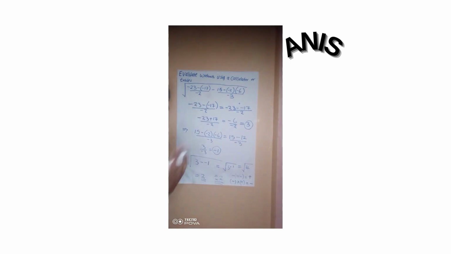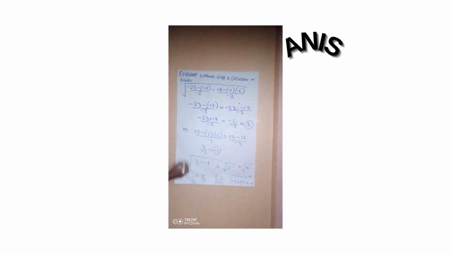Then another thing that you need to bear in mind is that whenever you divide a negative number by a negative number, you get a positive number. Again, if you have a negative number, we divide by a positive number, we get a negative number. So that's all that you need to understand.